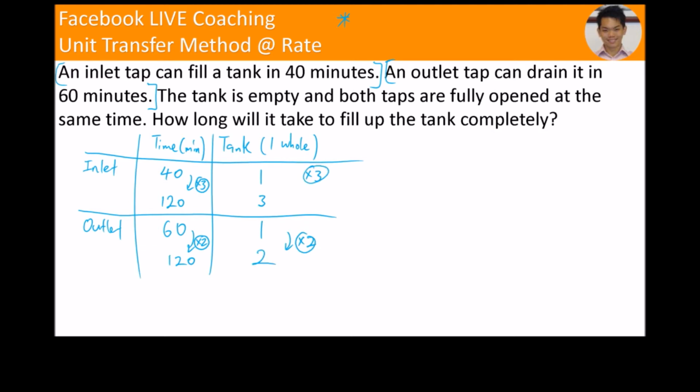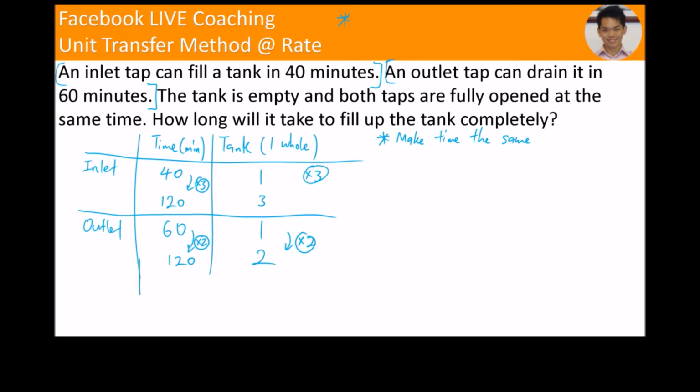So far, so good? Let me reiterate. This is the most important concept in rate. You need to make time the same. And how I did it is to multiply them to their lowest common multiple. I'm sure right now some of you are thinking, why not make it to 1 minute? I'll explore that in a while.